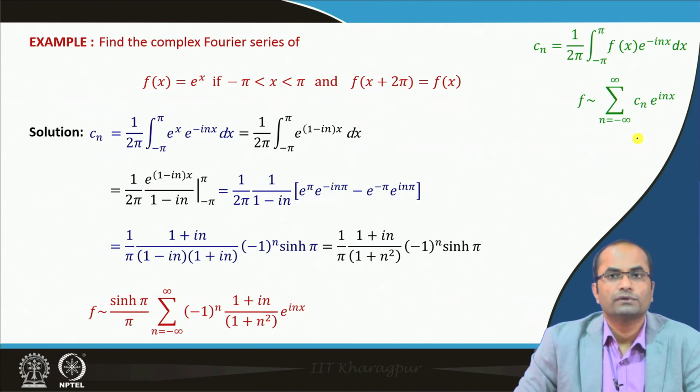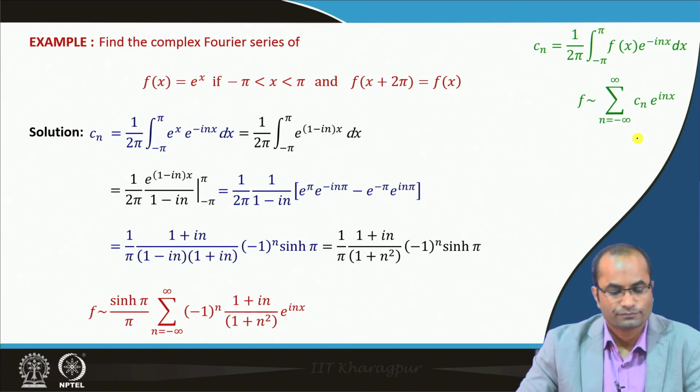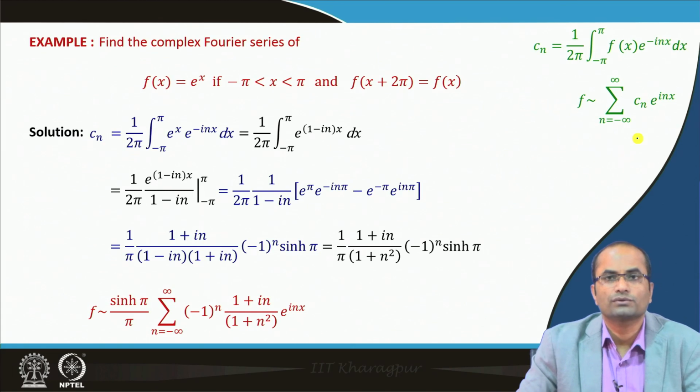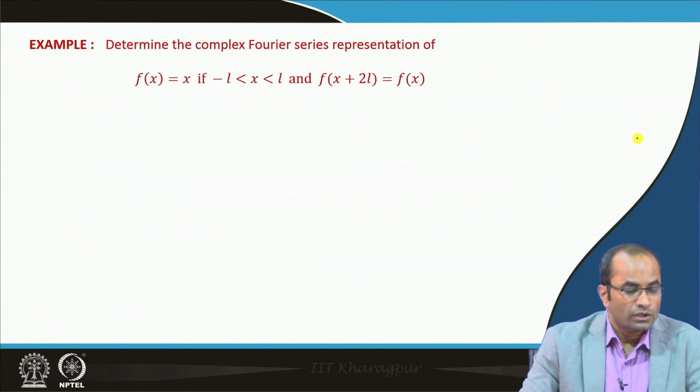So, what we have observed is that writing this Fourier series in complex form sometimes makes it simple to compute the Fourier coefficients, for example, and this form also has direct applications in control theory and in other areas of electrical engineering.